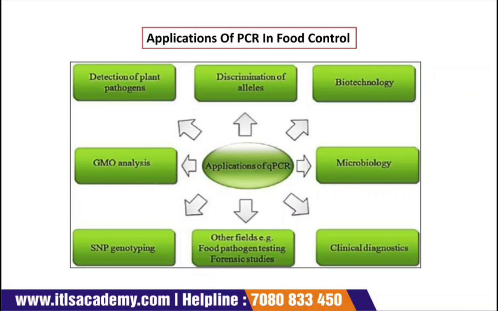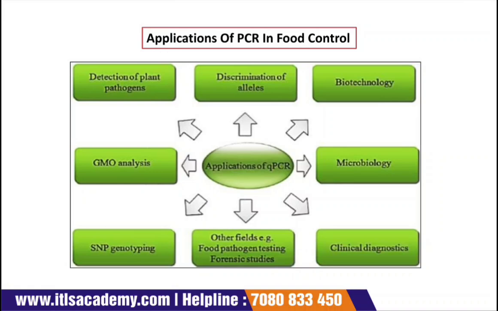Apart from that, it has a huge importance in different kinds of industries or departments like biotechnology, microbiology, clinical diagnostics, SNP genotyping, GMO analysis, detection of plant pathogens. So everywhere this PCR has a huge importance.